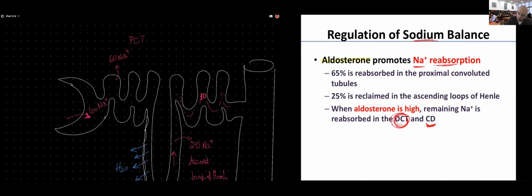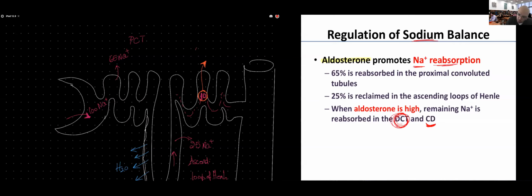This is the optional part here. If I want to increase the blood pressure, what would I do? I will pull this 10% of the sodium back to my blood.